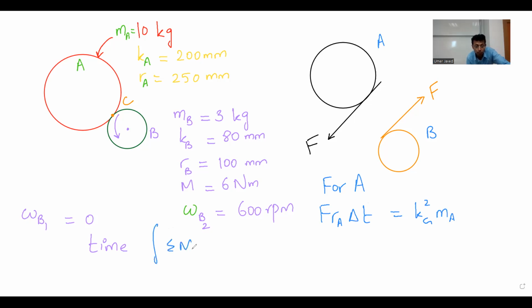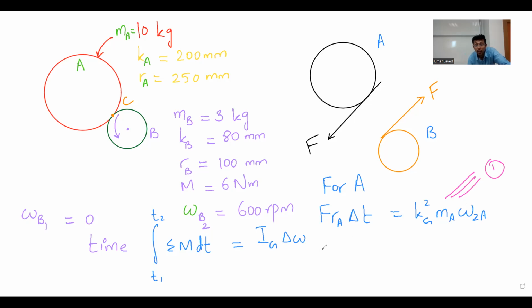Integral of summation of moments dt, going from T1 to T2, is equal to IG delta omega. I'm solving this, so I will get a nice, beautiful equation: MA, we will have omega 2A. Let me use a pink color. This is my equation one.